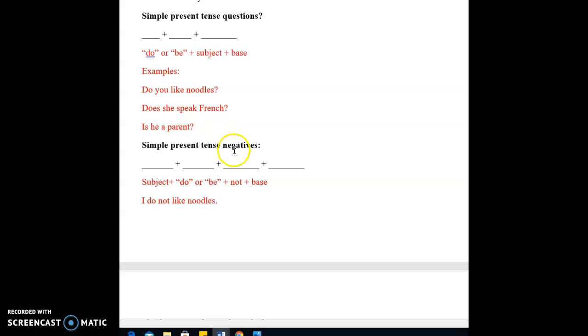I hope that's clear. Okay, so when you want to form simple present tense negative statements, it's the subject plus do or be plus not and then the base verb. So for example, I do not like noodles. Okay, so here's my subject. Do not like is actually my verb, okay, noodles.